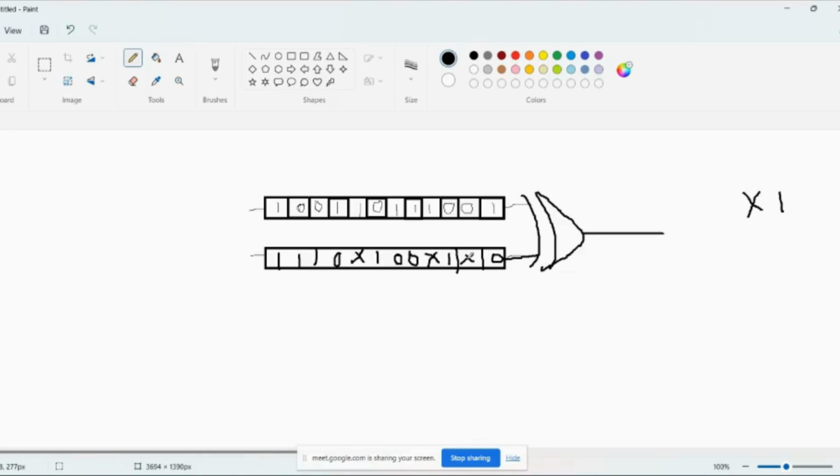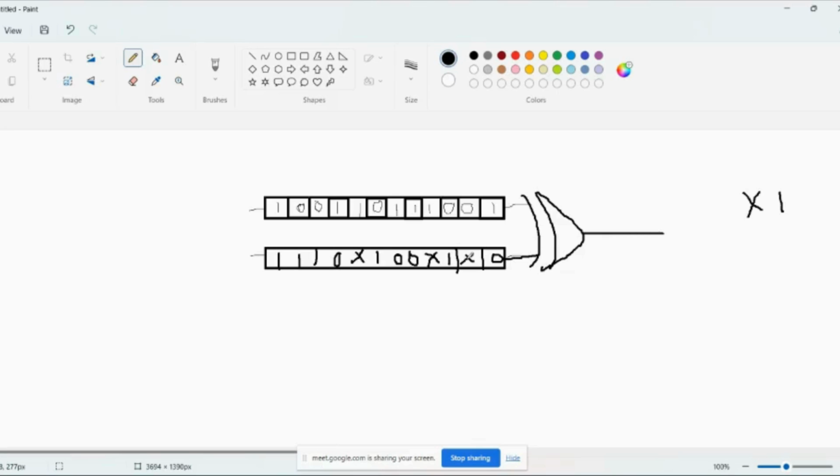So output will change depending on this value. So definitely you should have a known value when your other input is 0. Okay, so 0 and X in XOR behavior will get X. 0 and 1, 1. 1 and X.